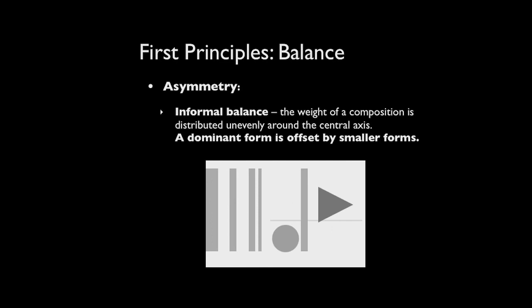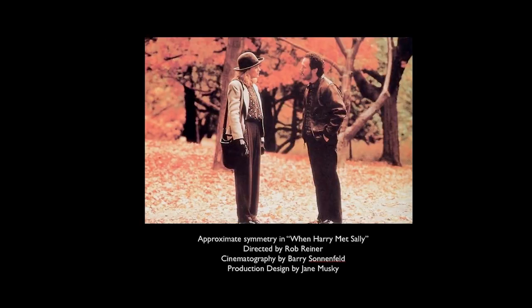And then there's such a thing as informal balance, where you have a dominant form that's offset by many smaller forms. Okay, and so we can see this in many different things. Here's an image that is kind of an approximate symmetry because the background elements are different from one side to the other, but the overall feel is of a symmetrical split image with man on the right, woman on the left.